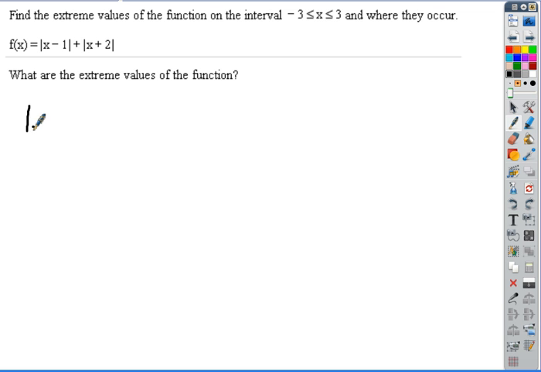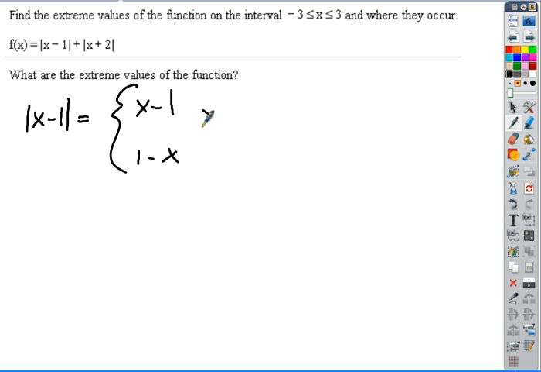So let's rewrite the absolute value of x minus 1 as a piecewise function. That's going to be what? The absolute value of x minus 1 either equals x minus 1 or 1 minus x, right? It's the opposite. When does it equal x minus 1? When the argument of the absolute value, meaning whatever's inside, is positive.